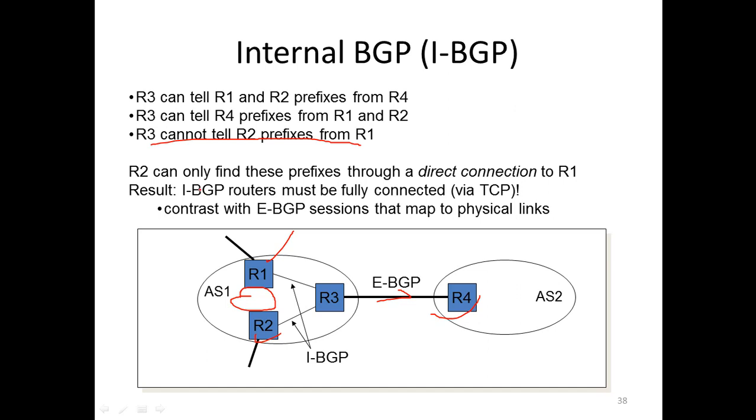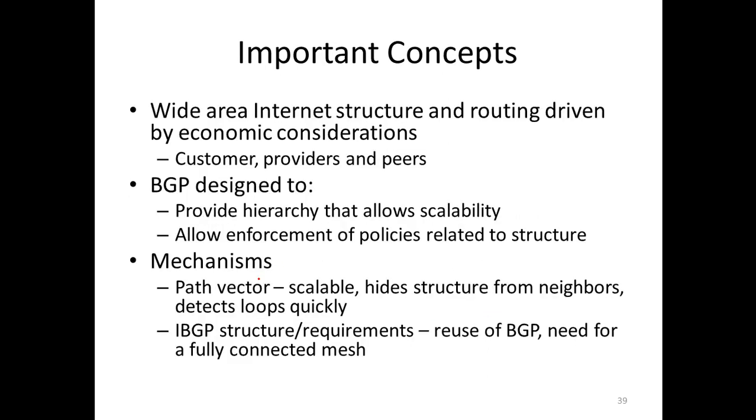So R2 can only find these prefixes through a direct connection to R1. If you have a direct connection to R1, that is the only way R2 will be able to find these prefixes, values, or metrics, or anything else that it wants.